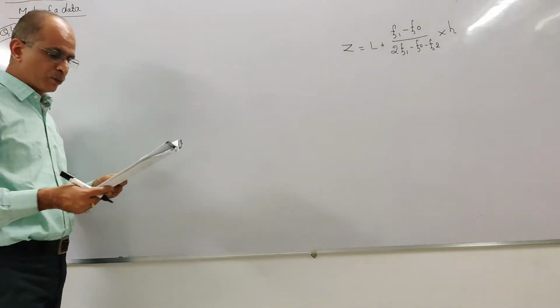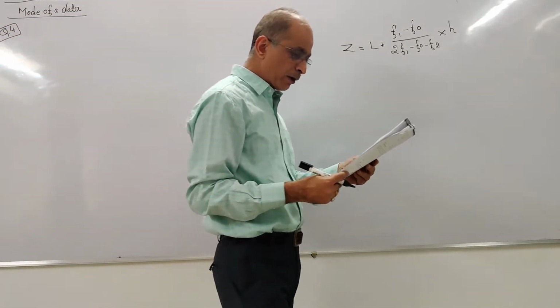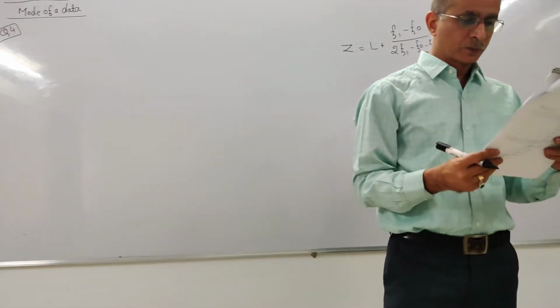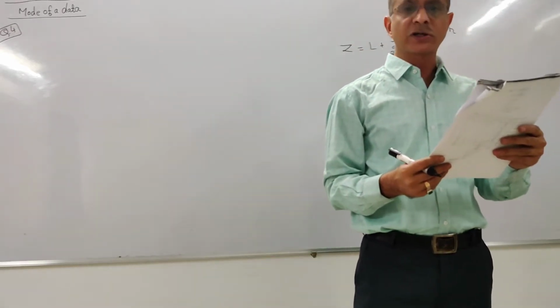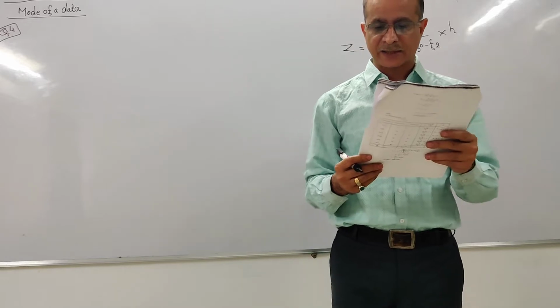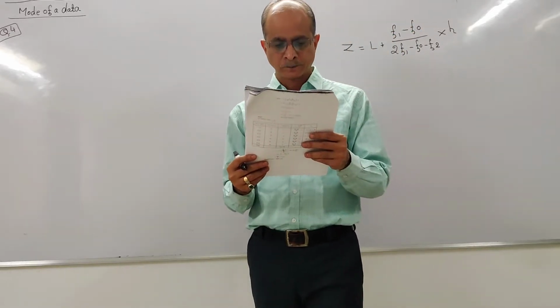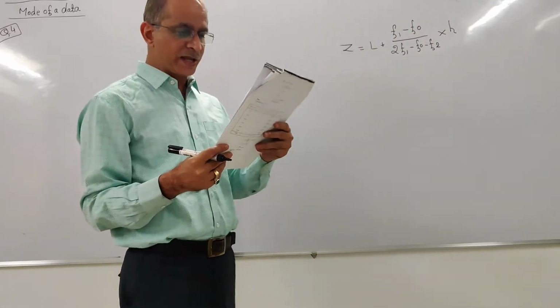So today let us start example number 4. How to find the mode of a data. The following distribution gives the state-wise teacher-student ratio in higher secondary schools of India. Find the mode of the data.